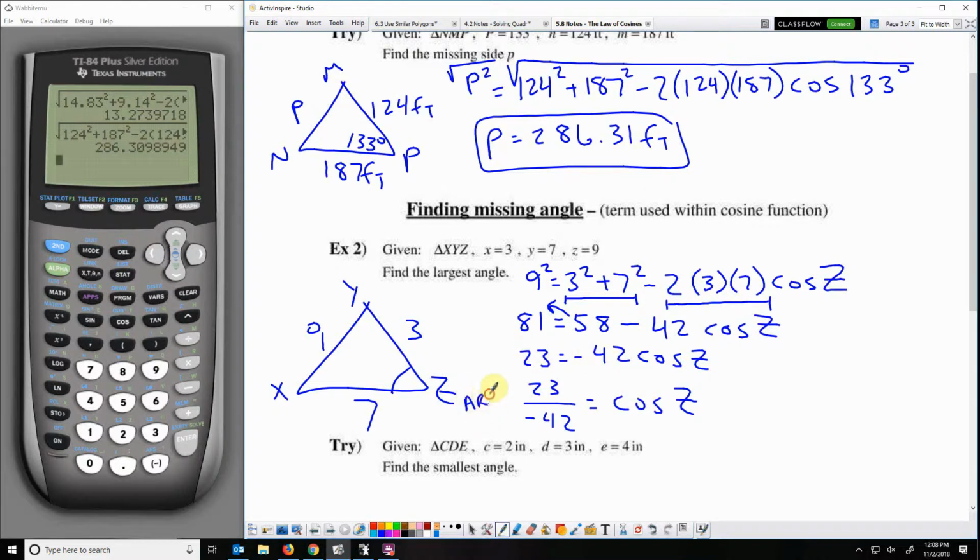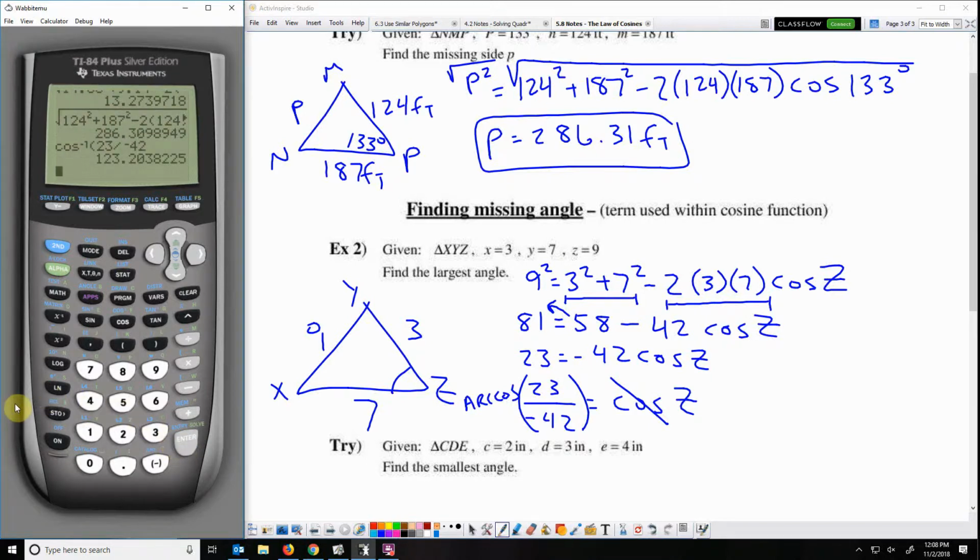So if I do arc cosine on the left side, that cancels cosine from the right. So in my calculator, I'm typing second cosine 23 divided by negative 42. And I get an angle measure of 123.20 degrees. So Z is 123.20 degrees.